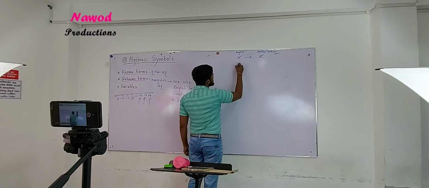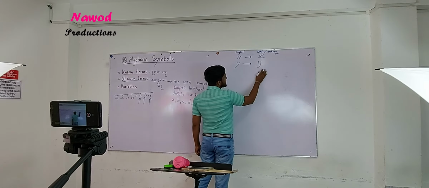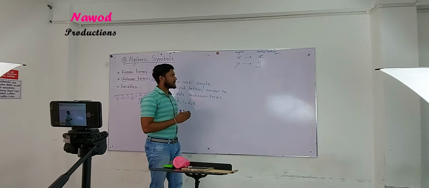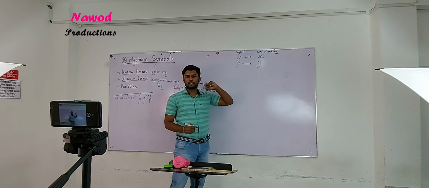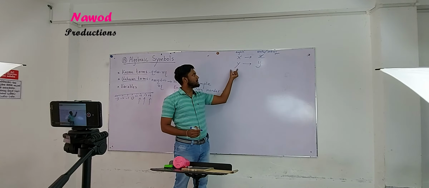To denote simple y in English, we denote like this. When using algebraic terms or unknown terms, we use x and y like this. You need to get used to x and y. But in English, write it this way.